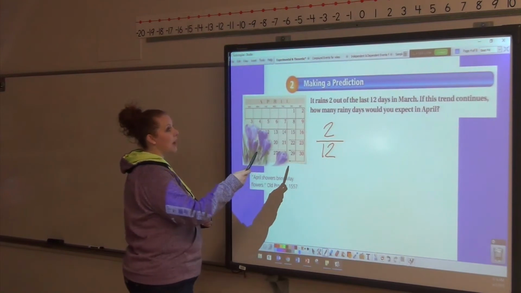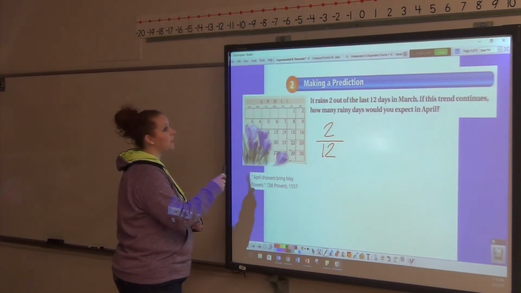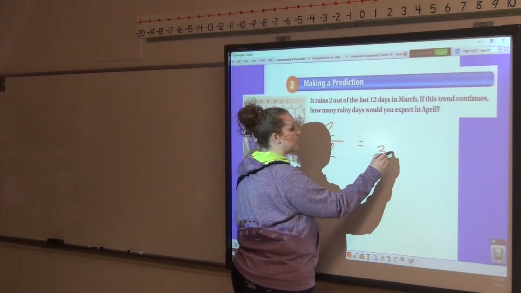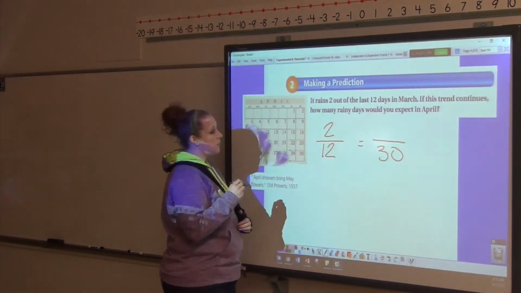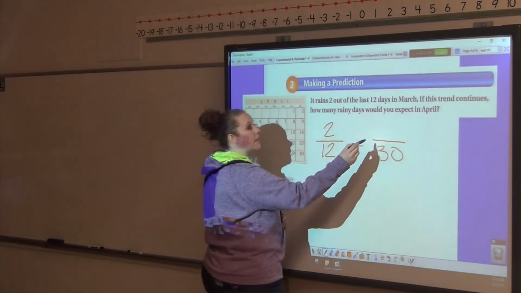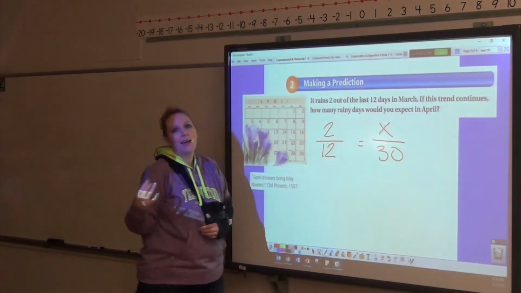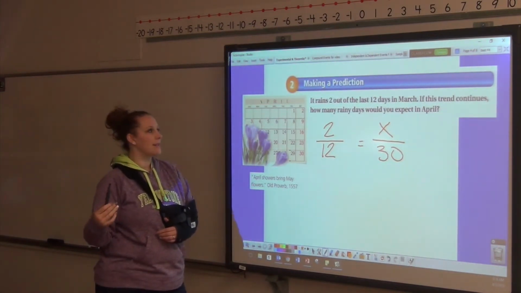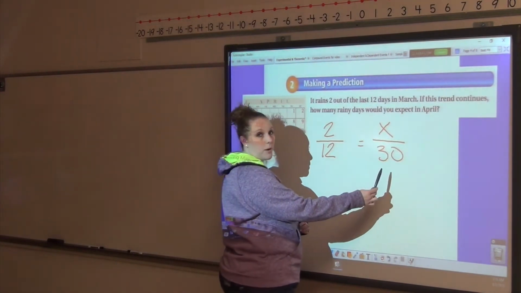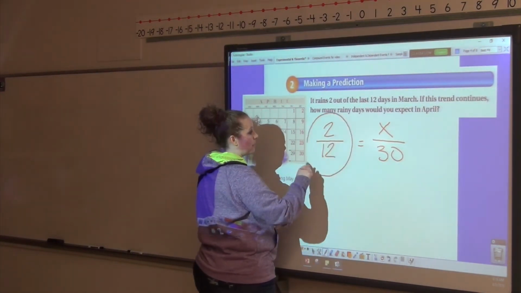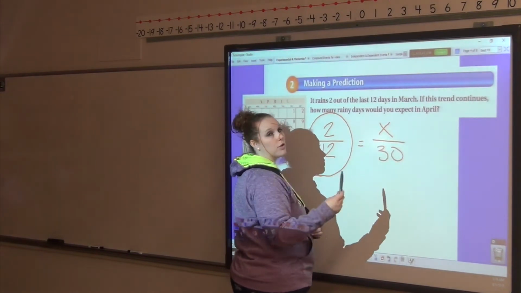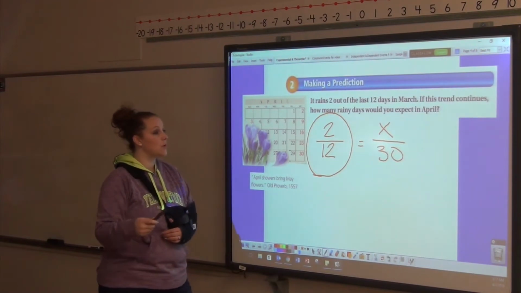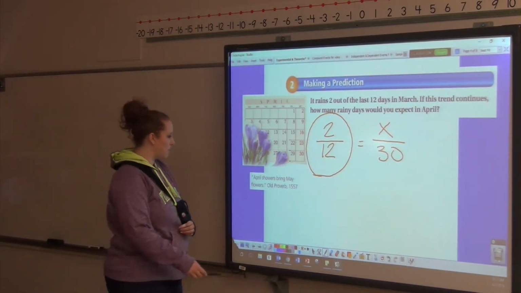There are 30 days in April, so I can solve this as a proportion to guess how many times it should rain in April. It's no longer experimental probability. The first part is the experimental probability; this one is your educated guess of how many times it's going to rain in April. So you can solve for that.